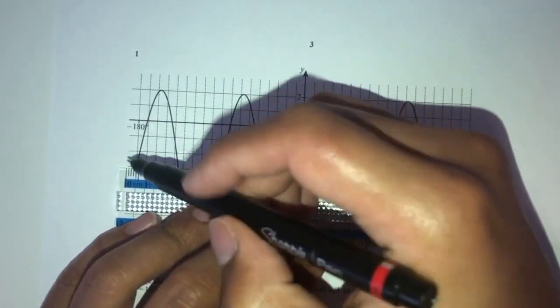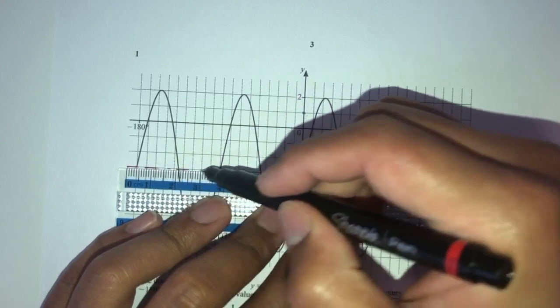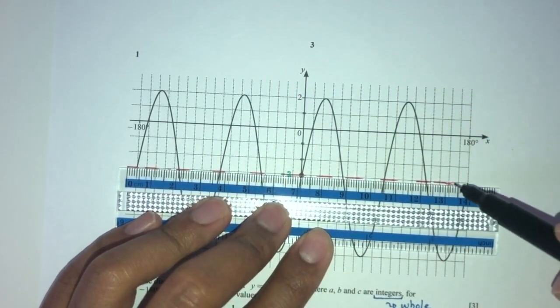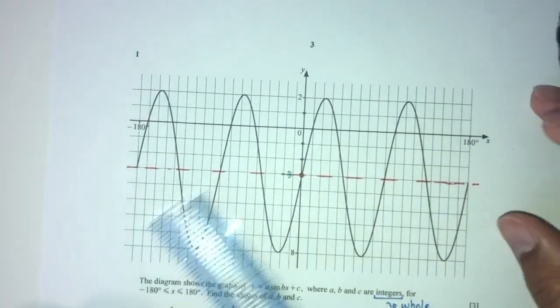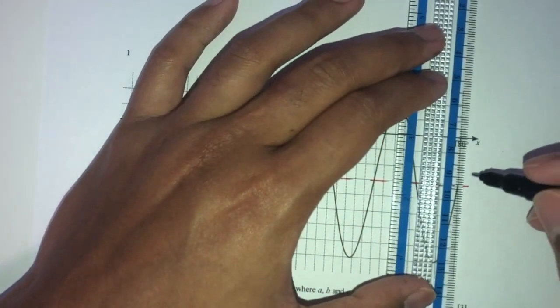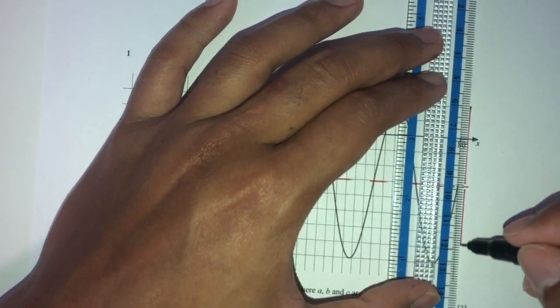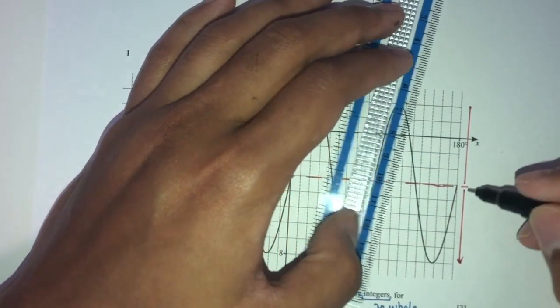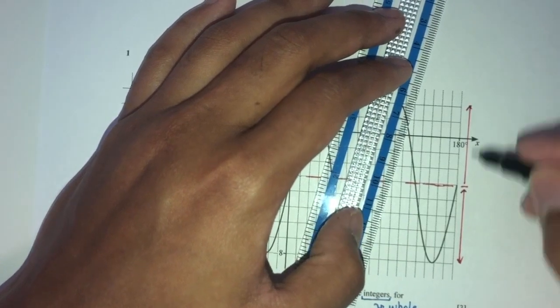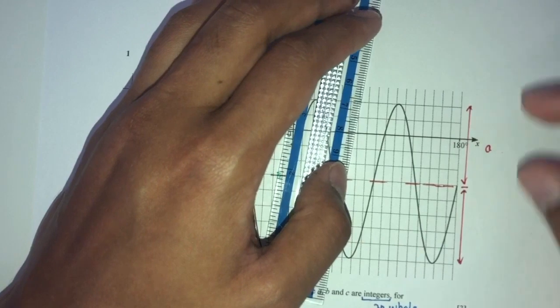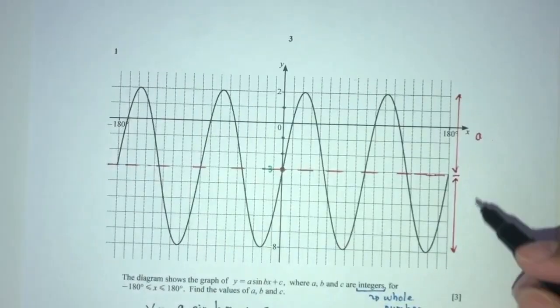Now we do understand that the amplitude is the distance from the center line to the peak or the bottom of the graph. So this distance here is called the amplitude, and this distance here is also called the amplitude.